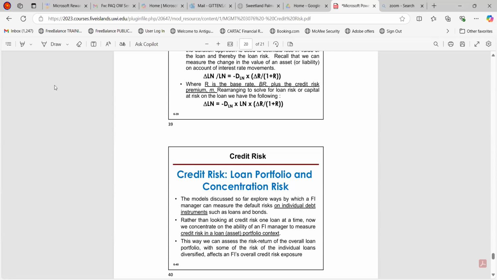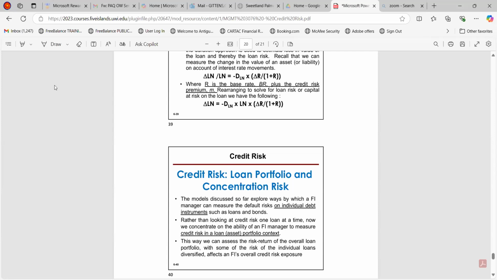With the loan portfolio and concentration risk, instead of looking at credit risk one loan at a time, you look at credit risk in the whole portfolio. So you're not looking at one loan, you're looking at the entire portfolio, so you're able to assess the risk or return on the overall portfolio. You're going to use that in conjunction with your individual loan risk, so financial institutions want to do the two.